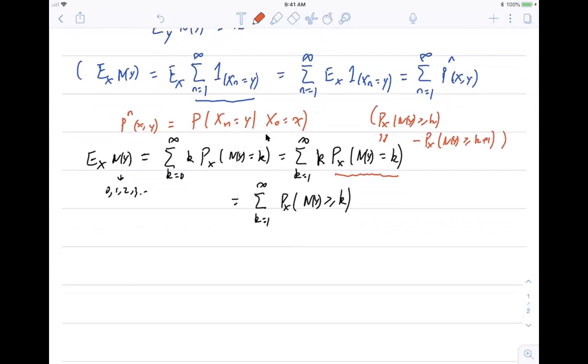Why do we write it in this form? Because this form is good, and we can rewrite this. Let's write one more step. You're starting from x, and you return to y at least k times, right? Since it's at least k times, this should be finite.